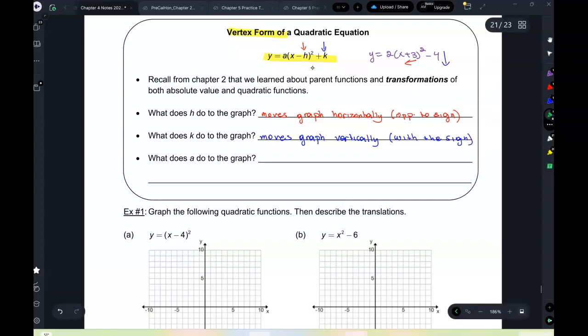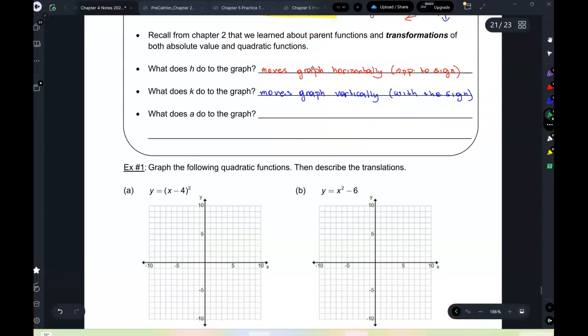Now, this a has two functions. One, if a is positive, it faces up, but if a is negative, there is a reflection around the x-axis.